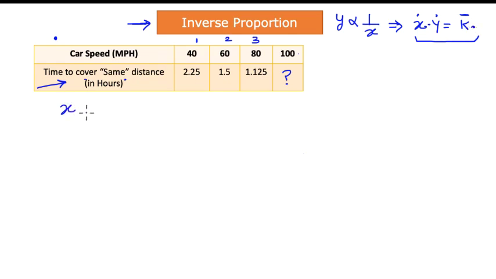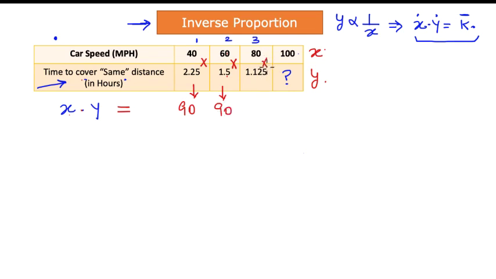First, let's find that constant k. You simply have to multiply the two variables. I'm going to assign names to these variables: let's say car speed is x and the time to cover is y. So x times y is all I need to find, which is simply the product of each pair. 40 times 2.25 comes out to be 90. Likewise, 60 times 1.5 is also 90.